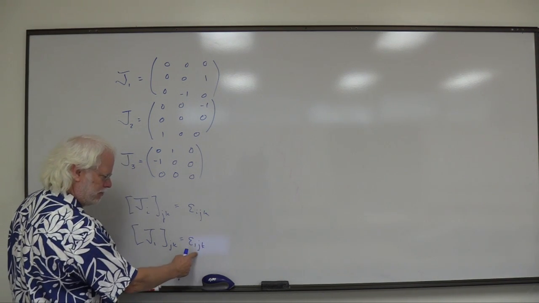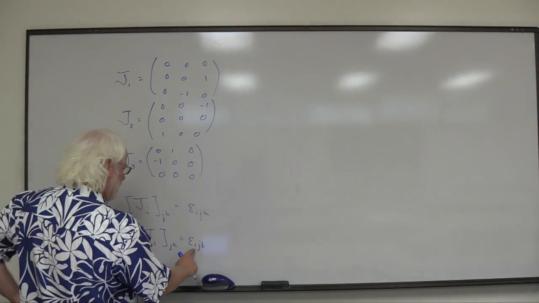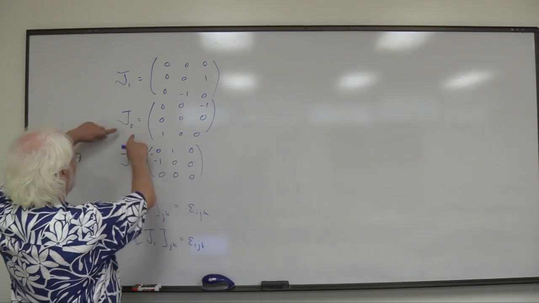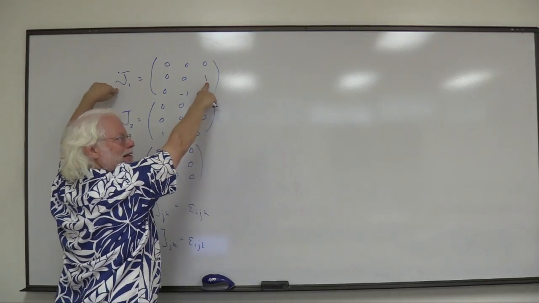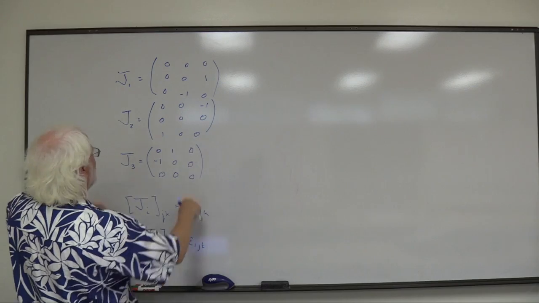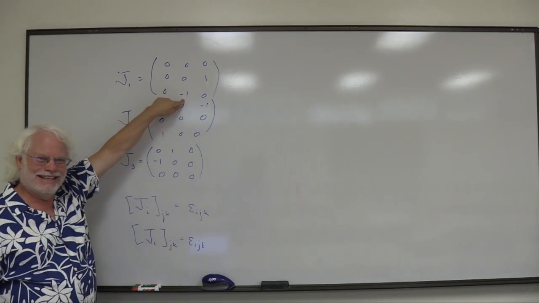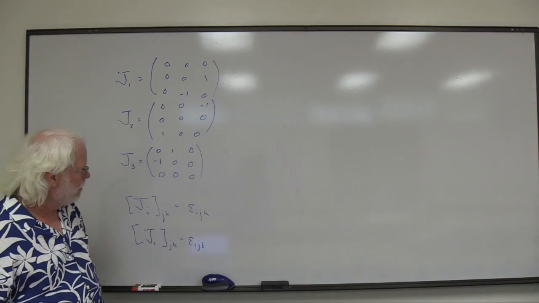J and K have to be 2 and 3 or 3 and 2. So row 2, column 3 is 1, and when it's KJ, row 3, column 2 is minus 1. So it fills out these matrices like that.